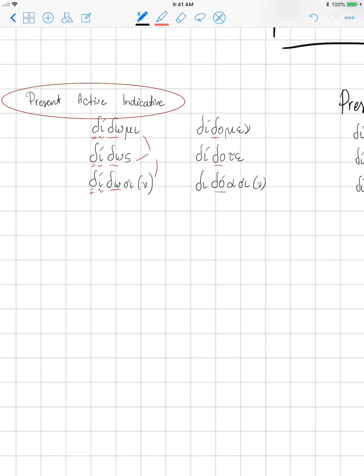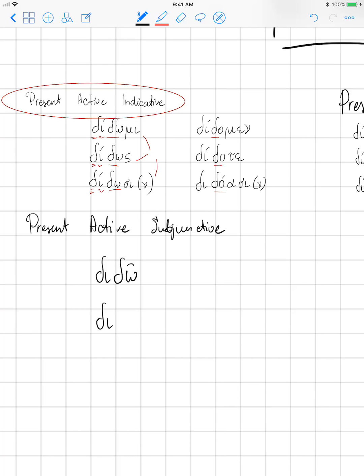Well, let's try to figure out. Present active subjunctive. The reduplication is there with iota. The endings are a little different, but apart from that, everything's just as one would expect.